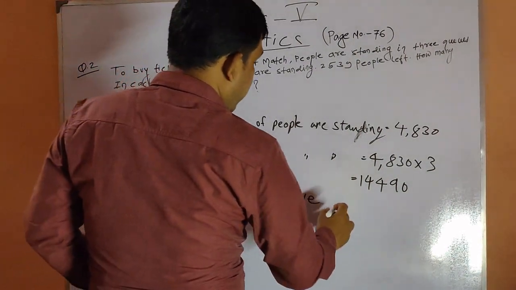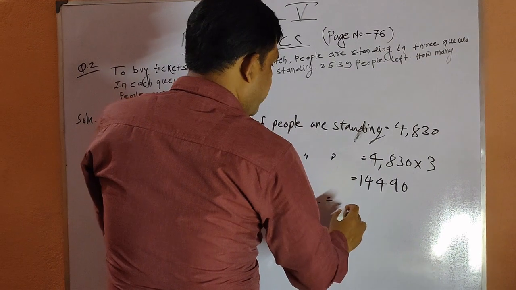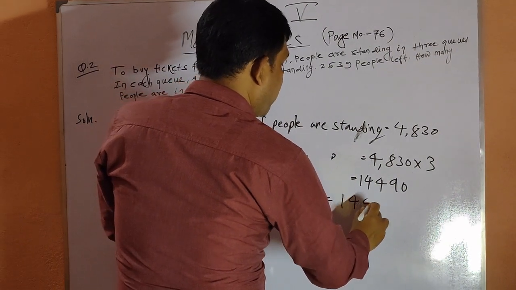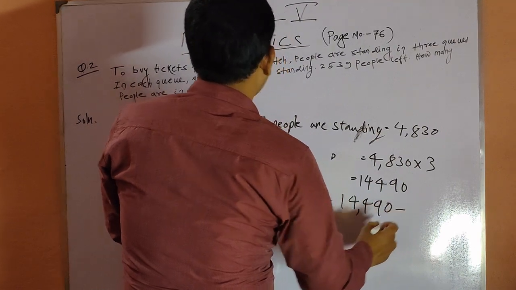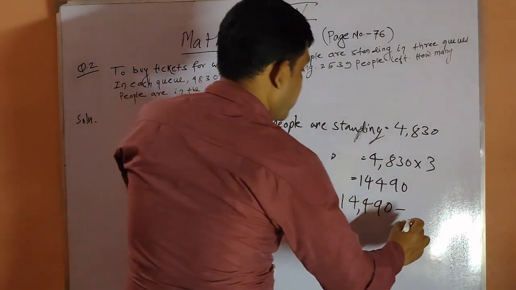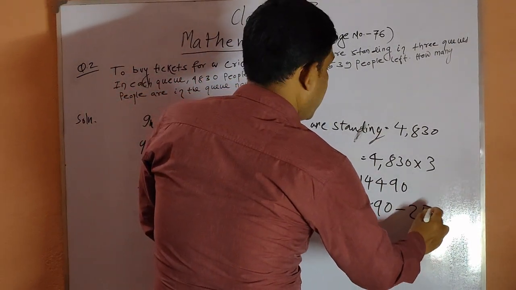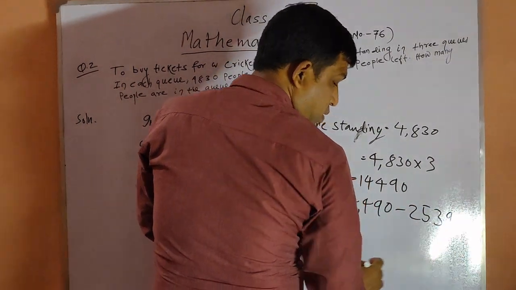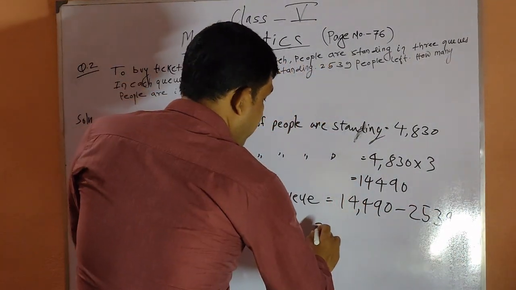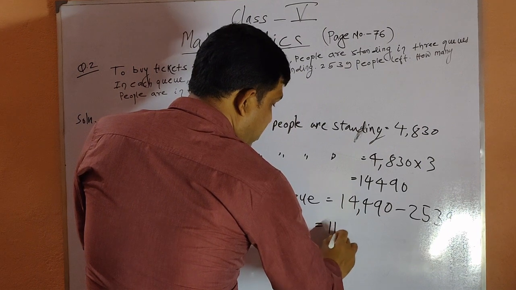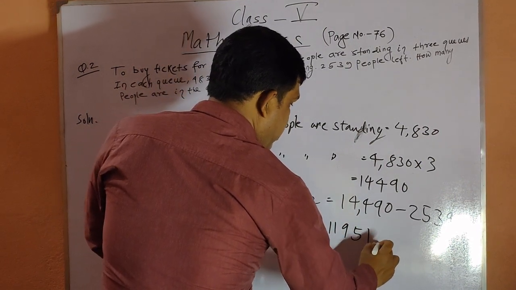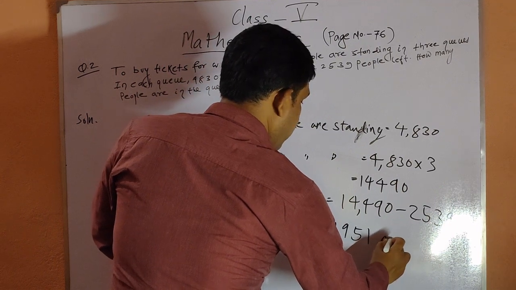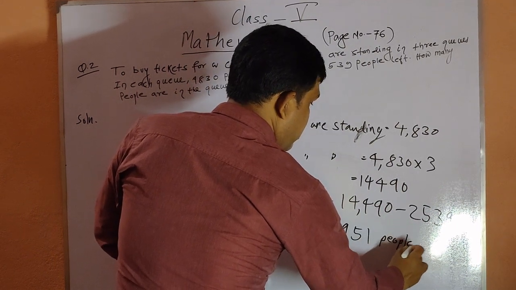People left in the queue is equal to 14490 minus 2539. If you subtract this, you will get 11951 people. The answer.